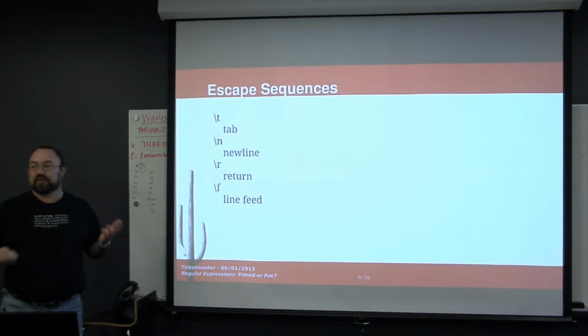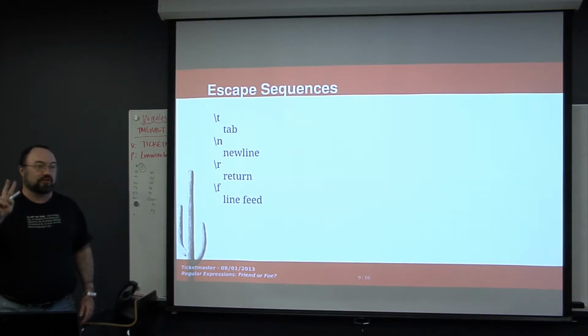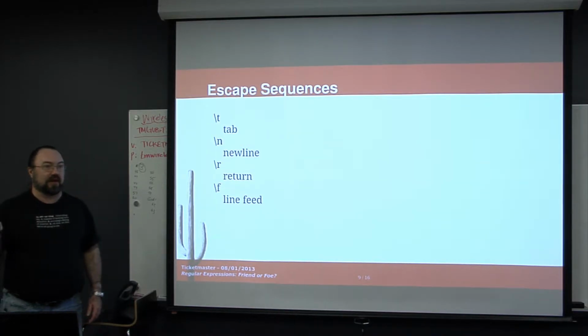Those are actually two different things. In Unix, it's just \n. In Windows, correct me if I'm wrong, it's been so long since I've done this, I think it's \r\n. They actually use two characters to indicate the end of the line.